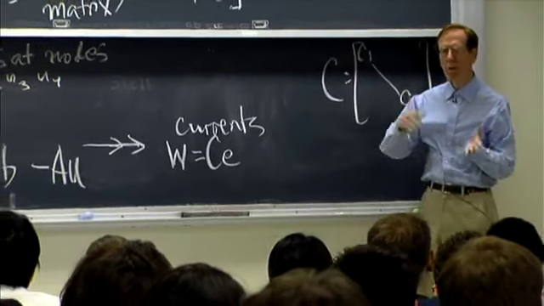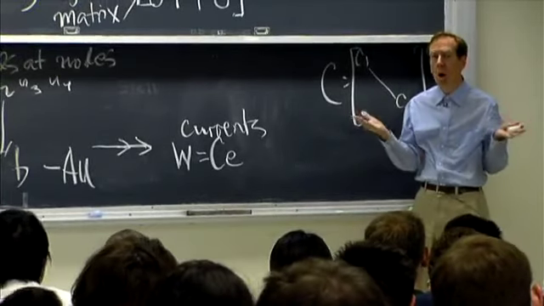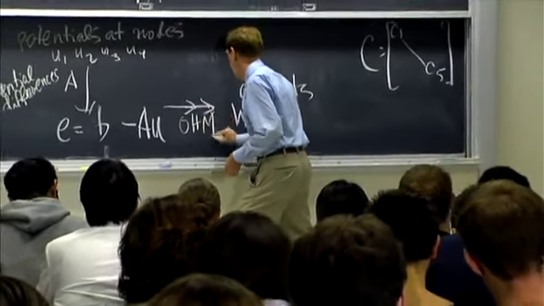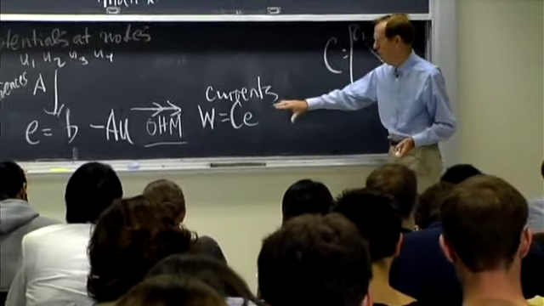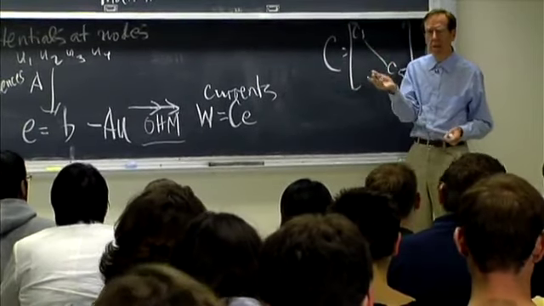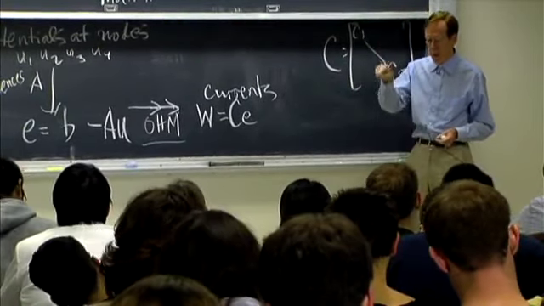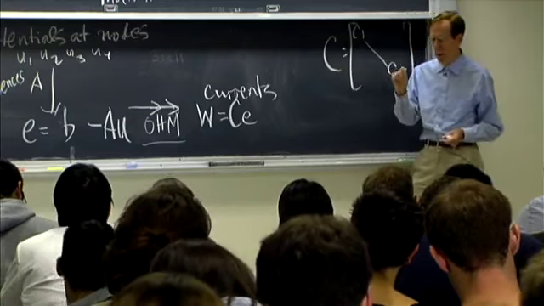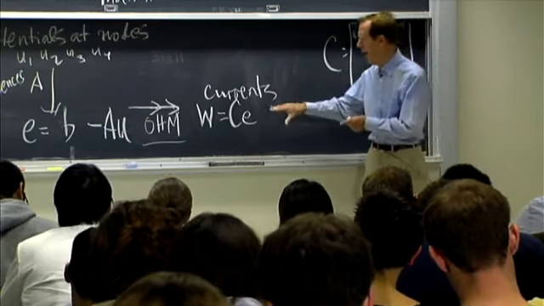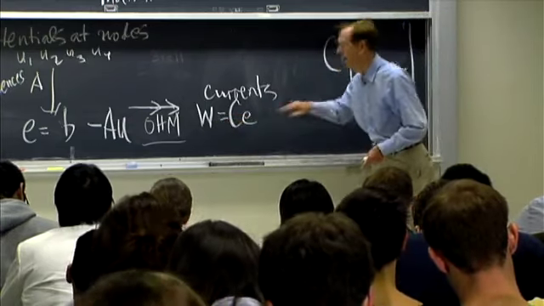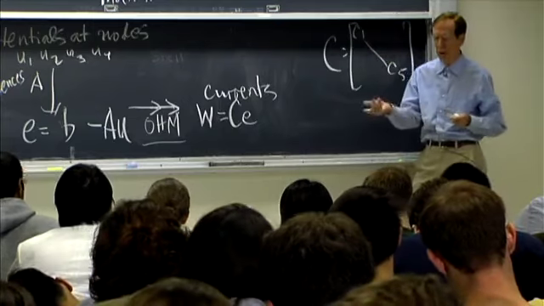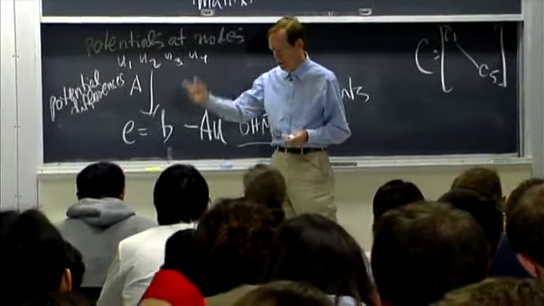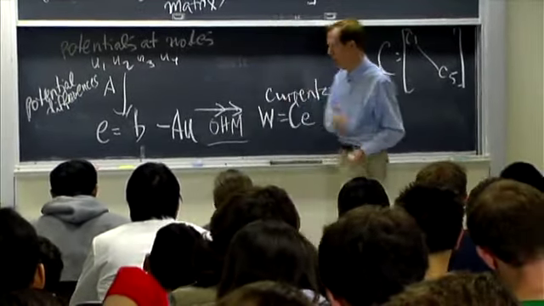That the current is proportional to the voltage drop? Ohm's law. Instead of Hooke's law, it's Ohm's law. And I've written it with conductances, not resistances. So conductances are 1 over R's. The usual R in E equal IR, I'm looking at it more as current equals CE instead of E equal IR. So I'm flipping the resistance or the impedance to give the conductance.